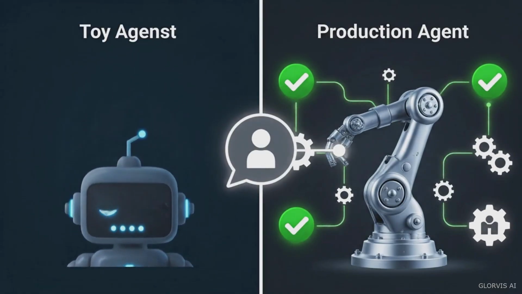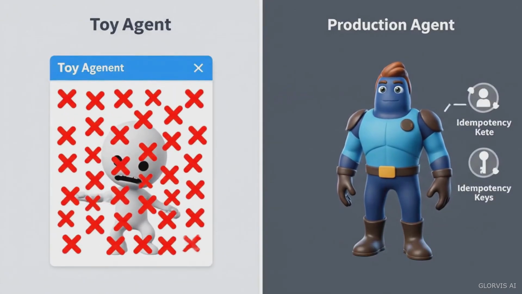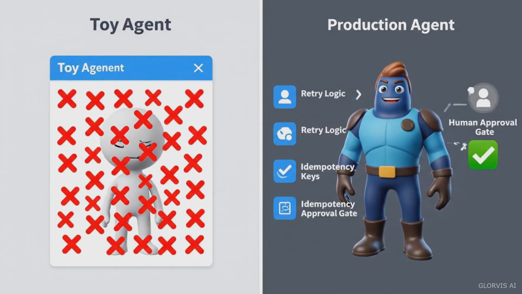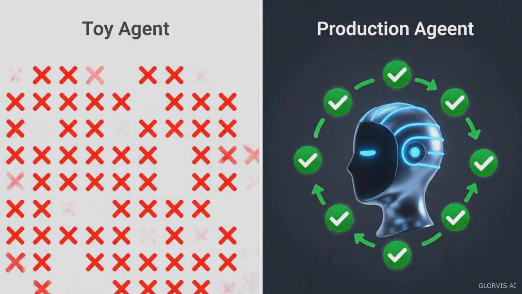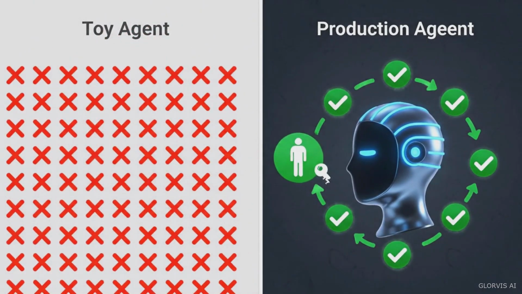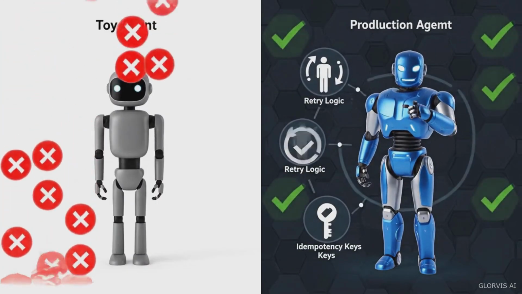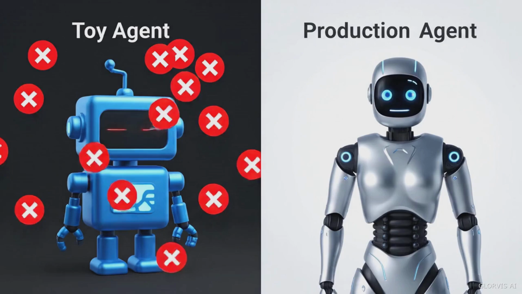First is short-term memory, which is just the conversation history packed into the context window. Cheap, simple, but it caps out at whatever your model's context limit is.